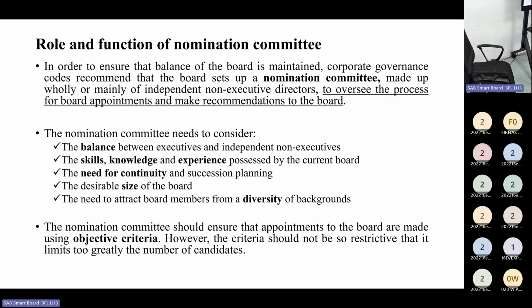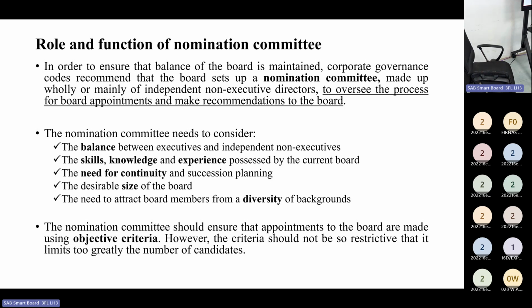Also, these non-executive board members, as I told you, can't stay more than 9 years. They need to be changed. You have to discontinue them, then you need to understand who the new members are that you need to bring. All those things need to be tackled by the nomination committee.